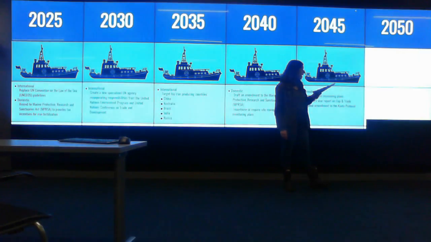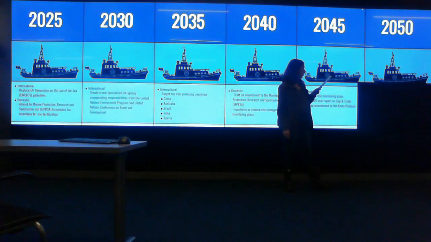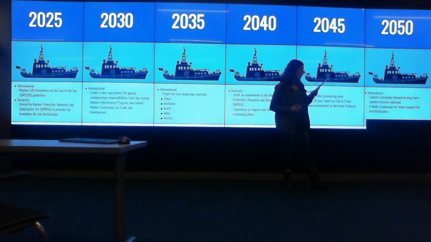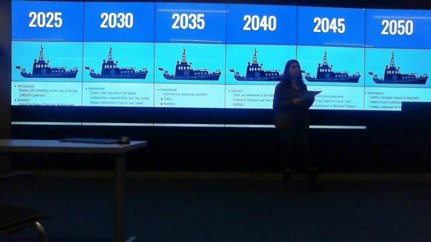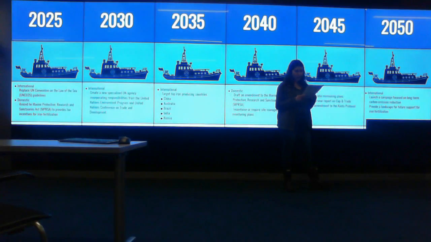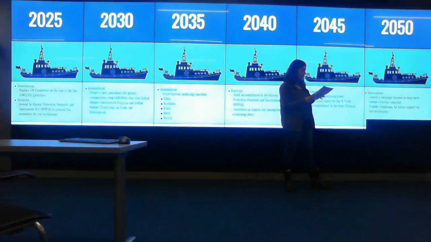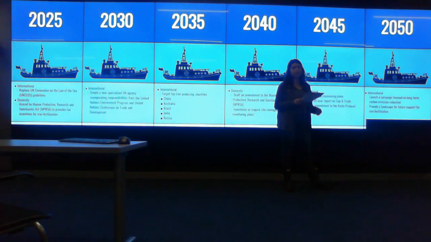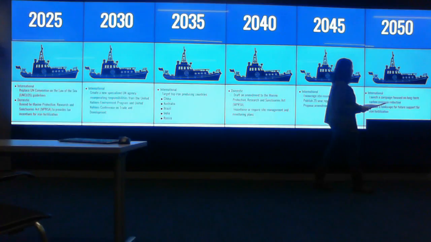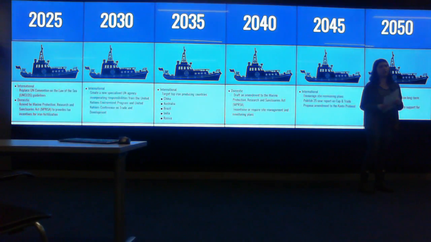And then finally, in 2050, the policy after the vote is to utilize the unique ability to regulate carbon emissions without needing additional infrastructure and produce a long-term campaign focused on reducing carbon emissions and providing future support for iron fertilization, so that the legislation will be intact and won't necessarily be able to be disturbed, so that the process of this system can be more long-term.